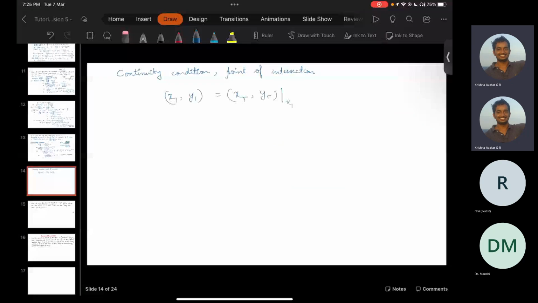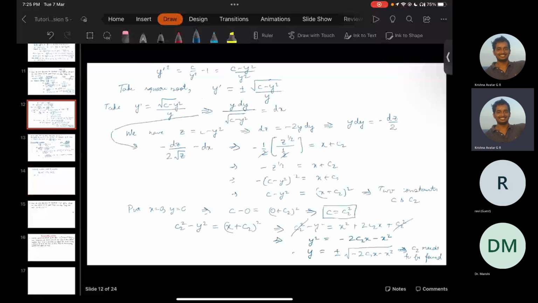So we'll have x1 comma y1, and the expression for y is root of minus 2c2x minus x squared. As mentioned, we'll be taking first the positive part. So this all at x equal to x1 is equal to x gamma, which is the same as x1, so y gamma at x equal to x1 is x1 minus 5.